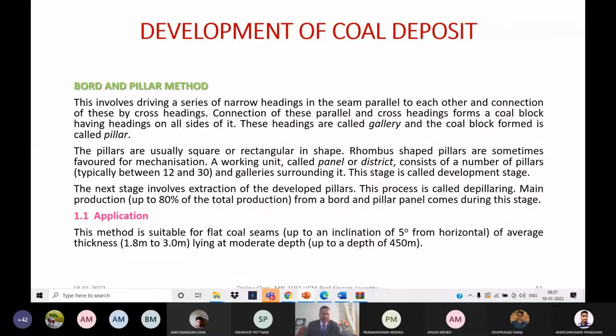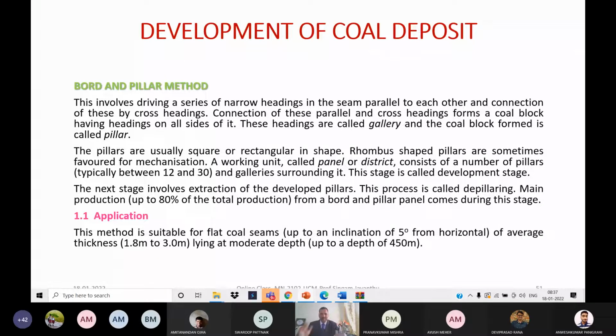Don't worry for them, the exceptional cases. But that is the reason why a person should comfortably move into those workings, and for maneuverability of the machinery. And since it is not very much mechanized, even semi-mechanized or total manual mining should be possible. That is the reason why this average thickness of 1.8 to 3 meters was given in the application part.